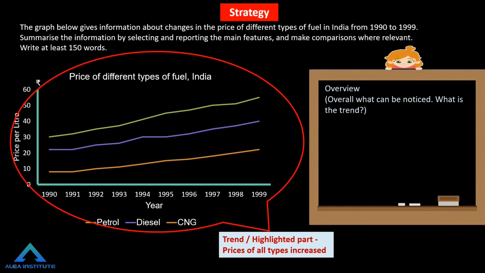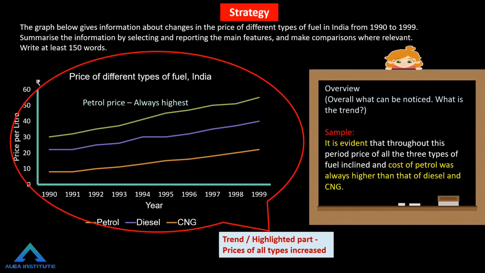If we see the petrol price, it was always in the highest position. So we can write an overview statement like this. It is evident that throughout this period, price of all the three types of fuel inclined and cost of petrol was always higher than that of diesel and CNG.